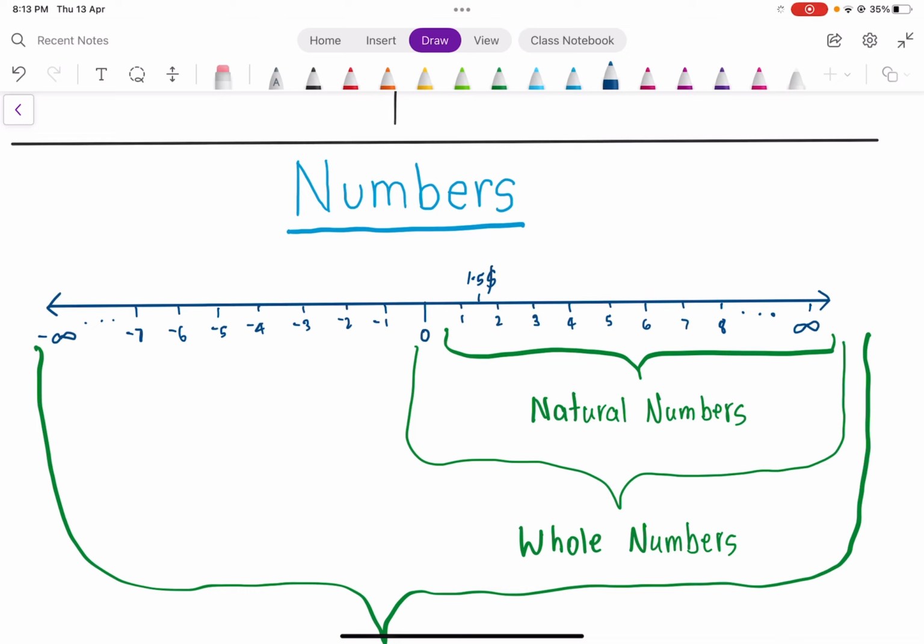So we could write down 1.5, 2.5. There are many other numbers in between numbers too, right? In between 2.5 and 3, there could be 2.75. Oh, that is hard to write.